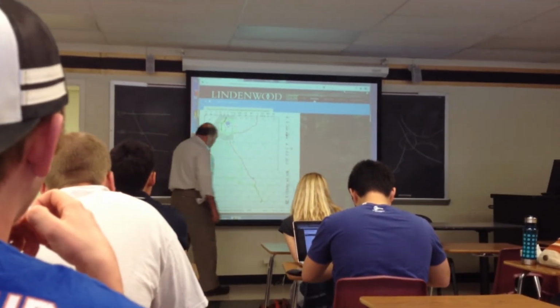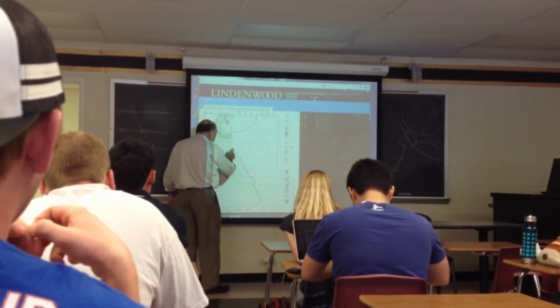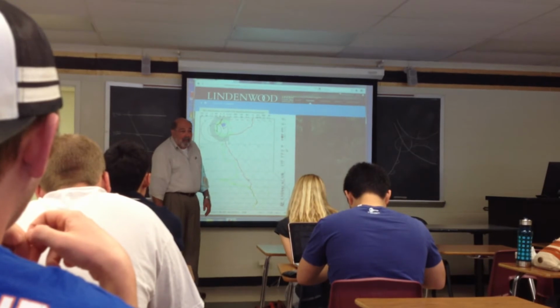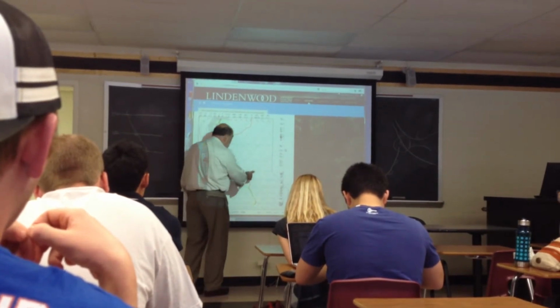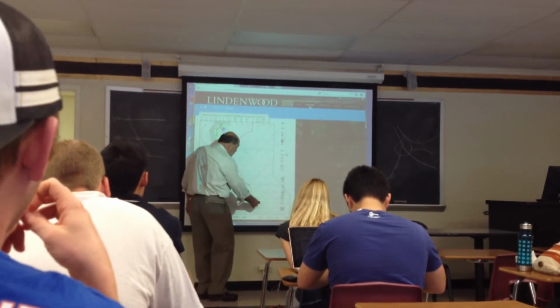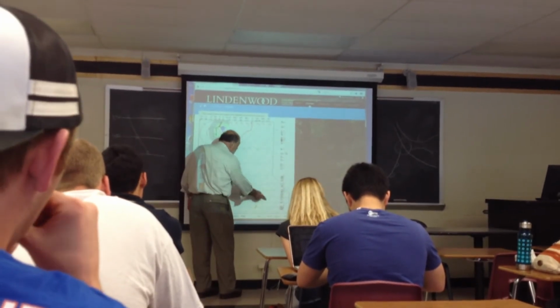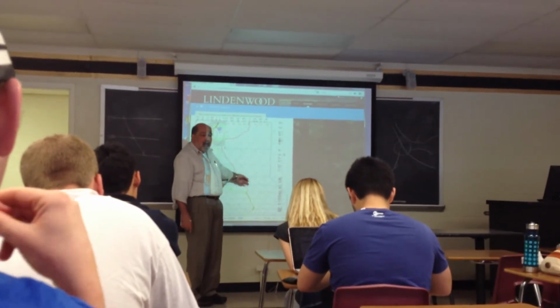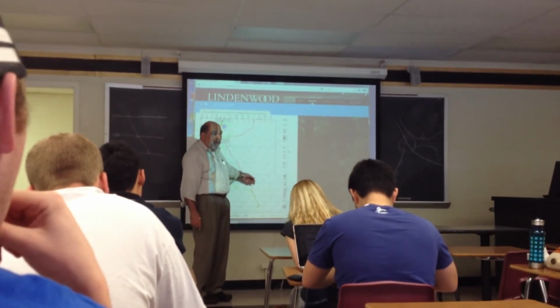The dashed red lines going up in this direction are the dry adiabats. In other words, the temperature is decreasing with altitude at 10 degrees centigrade per kilometer. The green ones that hook up over the top are the moist adiabats. In other words, the temperature decreases with altitude at 6 degrees centigrade per kilometer.